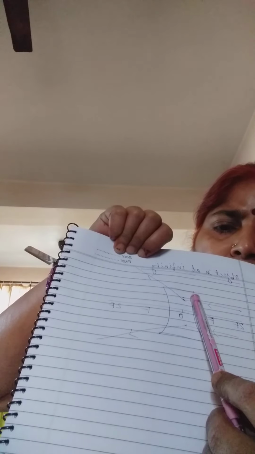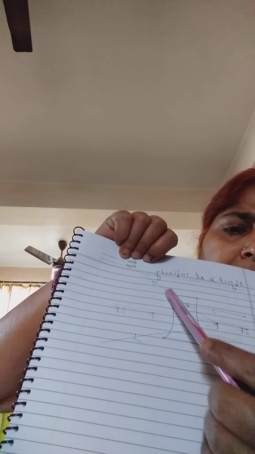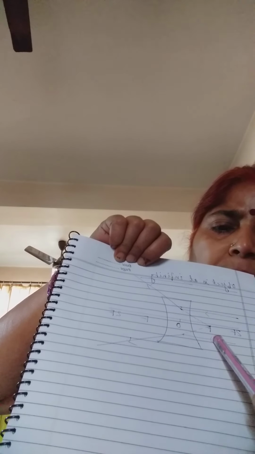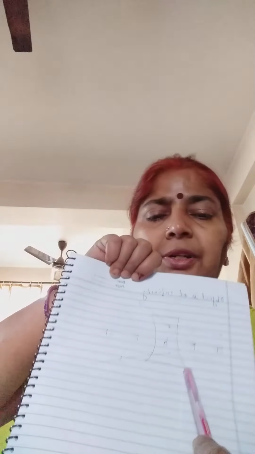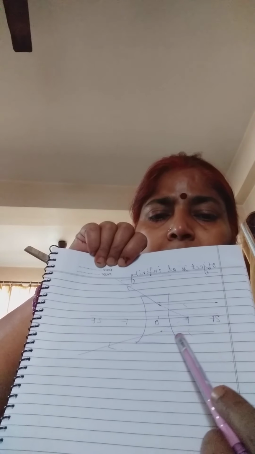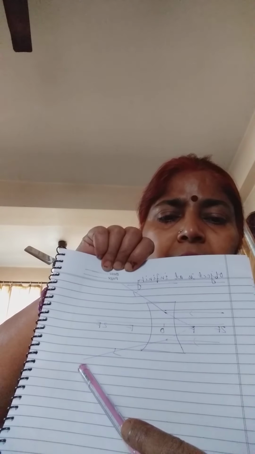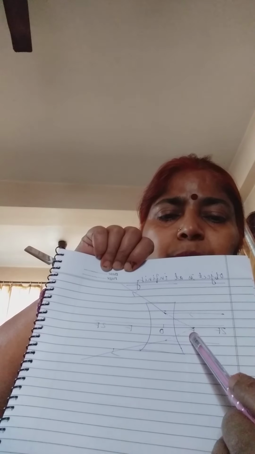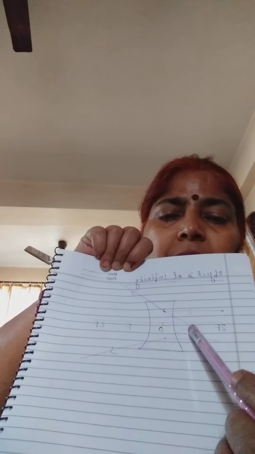After refraction, it diverges. When the object is placed at infinity, the rays are coming parallel. And this parallel ray will diverge. And if you extend it backwardly, they appear to come from which point? Focus. Here the image is formed.